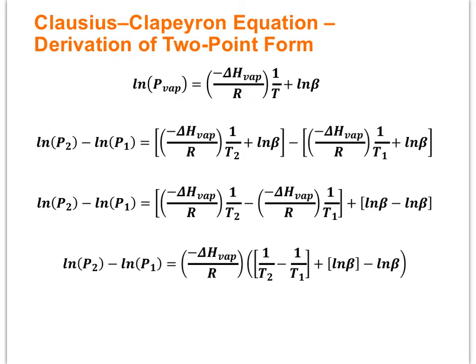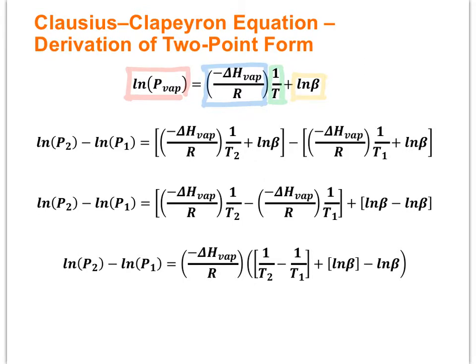So we start off with our linear form of the equation, right? So we've got the natural log of the vapor pressure here, right? We've got our slope that we showed. We've got our x variable, 1 over the temperature, and we've got our y-intercept. So to create a 2-point equation, we're going to need 2 relationships.